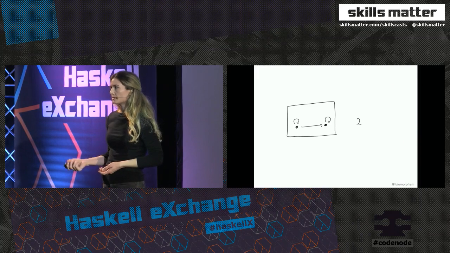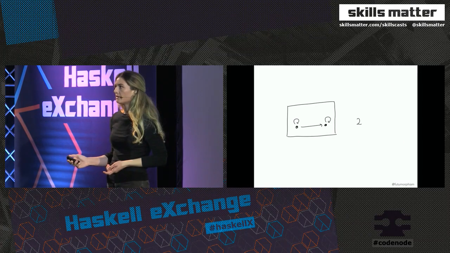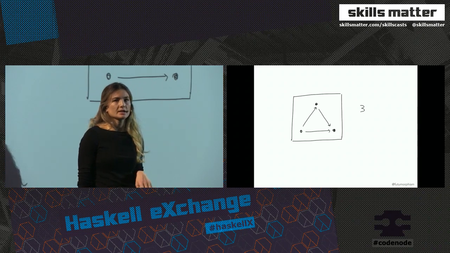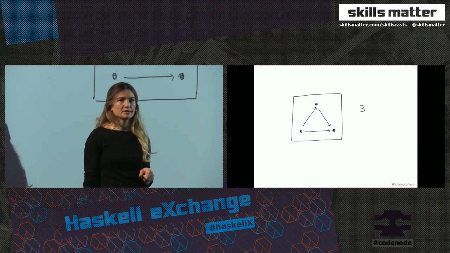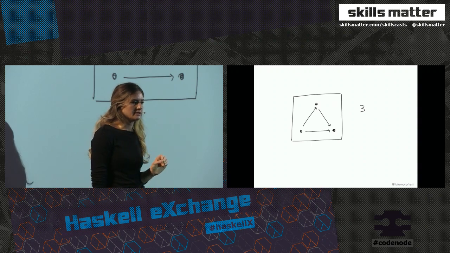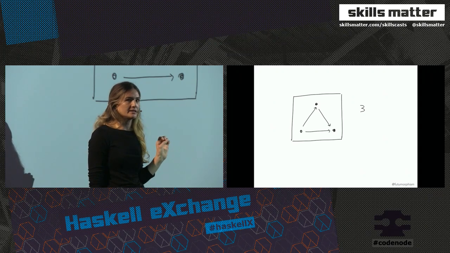Then we have a category with two objects and one morphism between them called 2. A category with three objects, two morphisms and the composition called 3. In general, we're going to stop drawing the identity morphisms. And we're also going to stop drawing the compositions, because by definition, they have to exist. Otherwise, this thing wouldn't be a category.